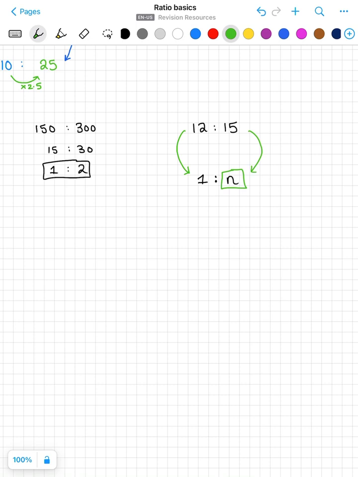What have I had to divide 12 by to get 1? 12 divided by 12 is 1. So whatever you're doing to one side in a ratio, you also have to do to the other. So that's 15 divided by 12, which is 1.25. So this is a 1 to 1.25 ratio.